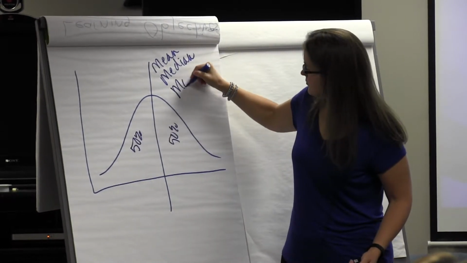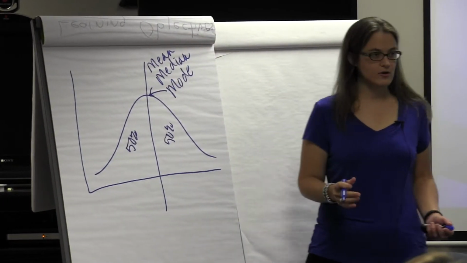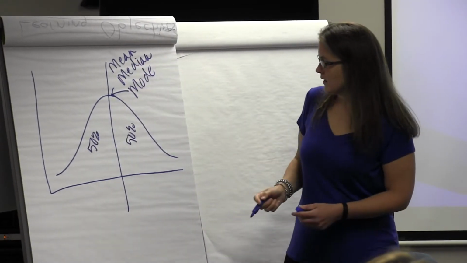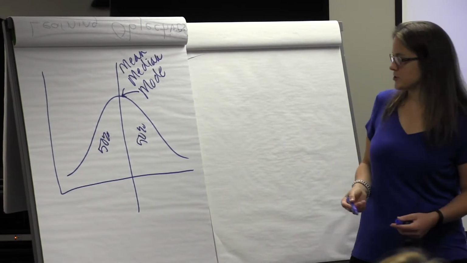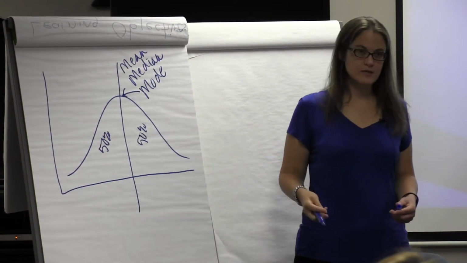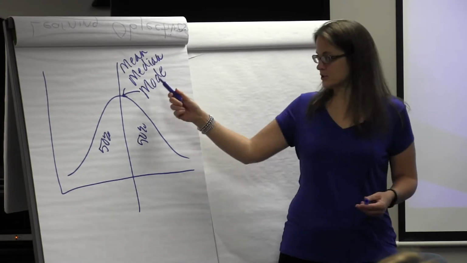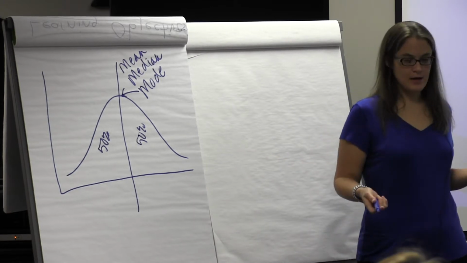And it also represents the mode because it's the highest point on the curve, so it's the most frequently occurring value. So this is kind of the defining property of a normal distribution. And the reason this is important is that a lot of our statistical tests rely on an assumption that the variables fit this pattern. So that's why we care about that.